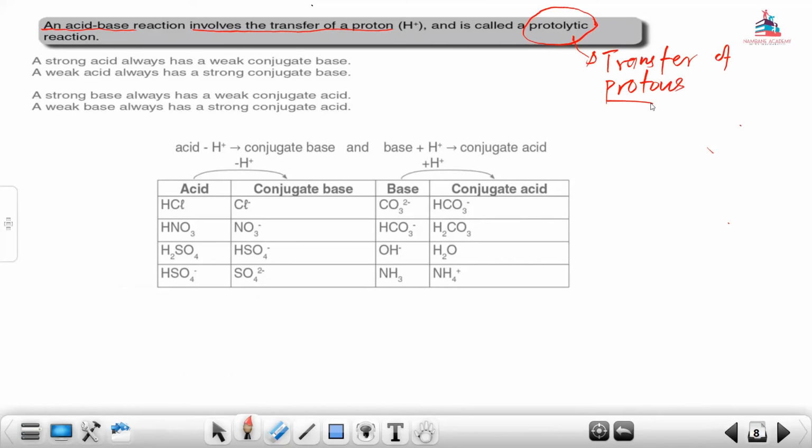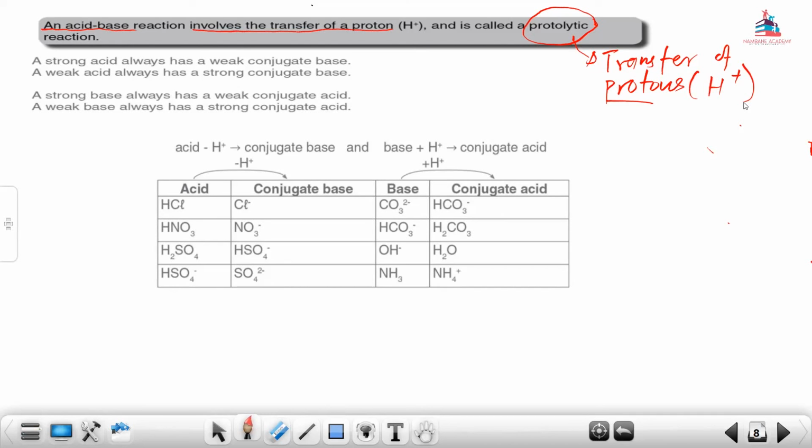So if I am going to talk more of acid and base reactions, the concern will be the transfer of protons. And in this case, it's the H plus. And with this being said, I can only talk of acid and base according to Lowry-Brønsted and according to Arrhenius, where Lowry says an acid is a proton donor.